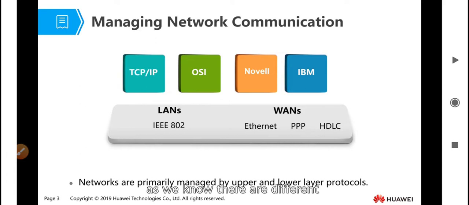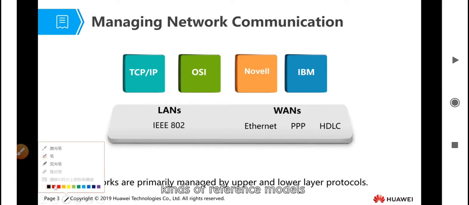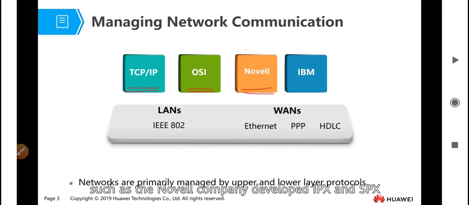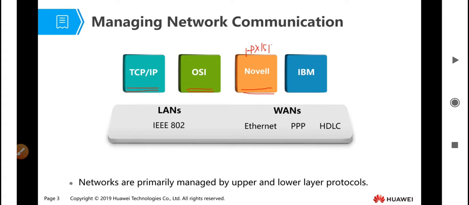As we know, there are different network reference models. First, this is TCP/IP. TCP/IP is itself a protocol suite, but it's also a reference model. And another is the well-known OSI reference model. Other companies also developed some other protocols, such as the Novell company developed IPX and SPX.